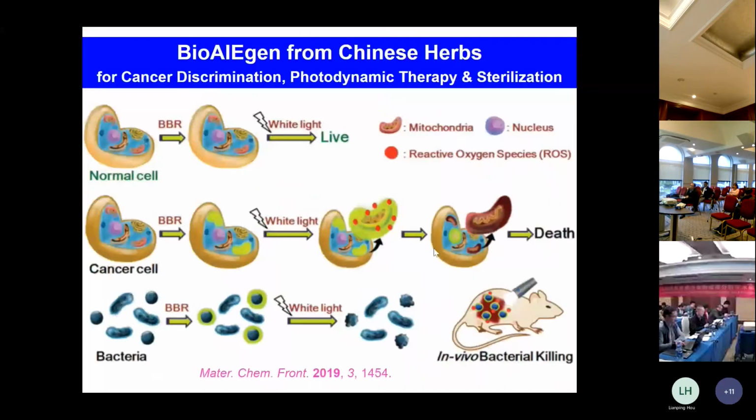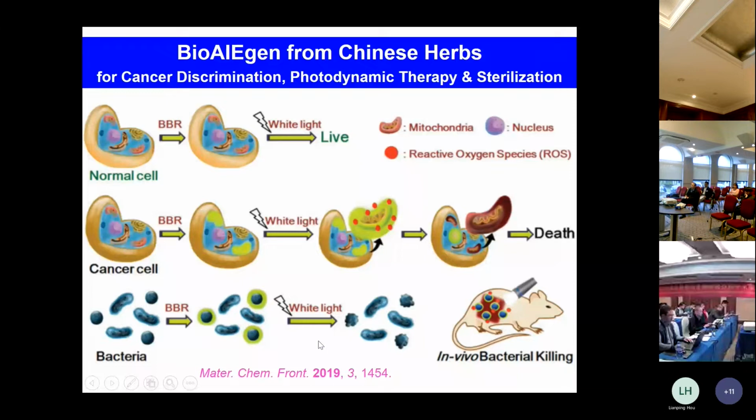If you still remember, the positively charged AIEgen cannot enter the normal cell, but it can enter the cancer cell. Inside the cancer cell, it will generate reactive oxygen species, so-called ROS. The ROS will activate photodynamic therapy, so it will kill the cancer cell. Also, the bacteria and the normal cell are different in terms of membrane potential.